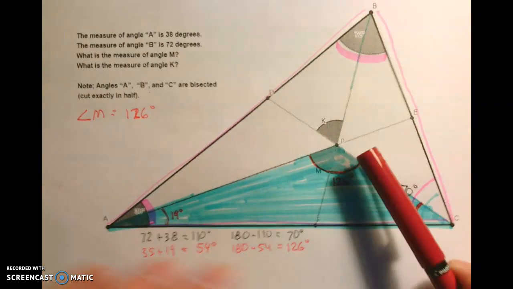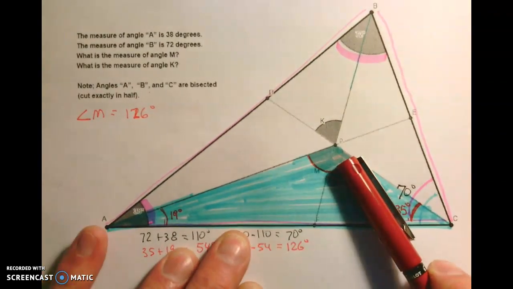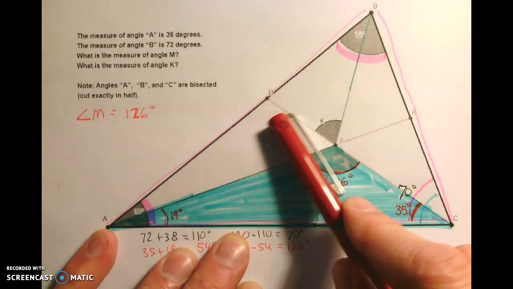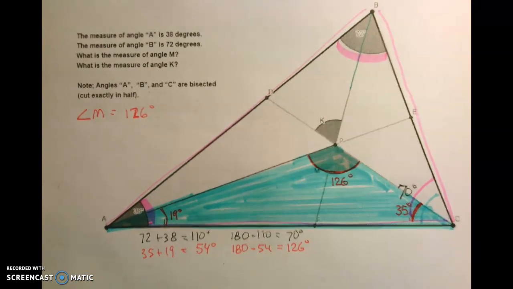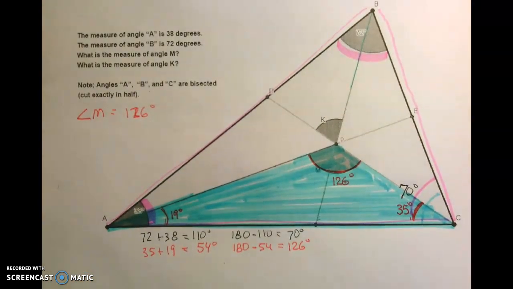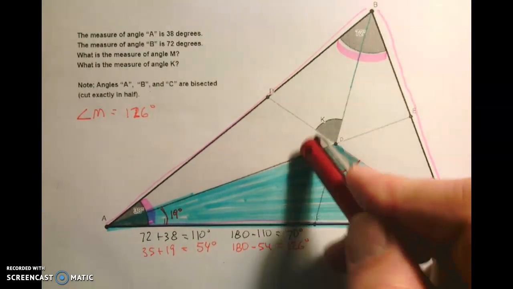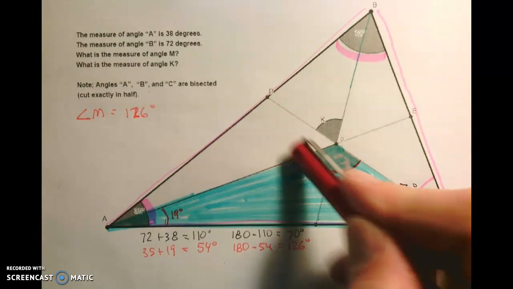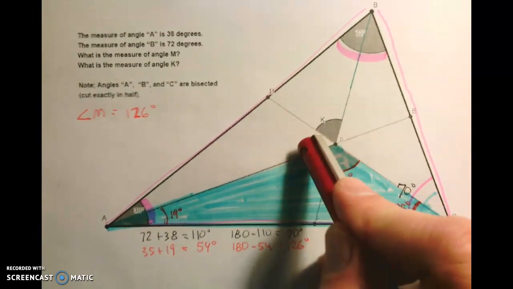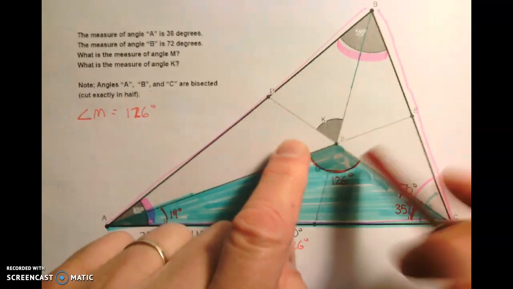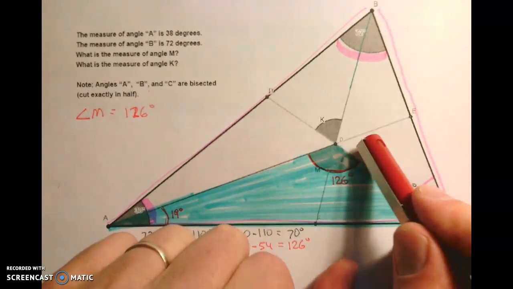But I don't know what this angle is here. Maybe I can use the straight line, 180 degrees. 180 degrees would give me this one, and 180 degrees would give me this one over here.